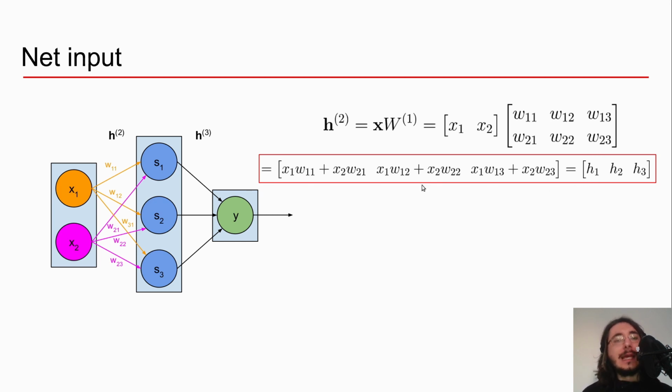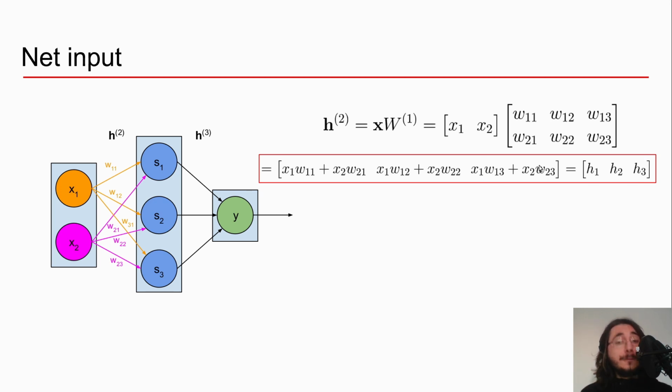So it's basically the net input for the first neuron, S1. And then we have the second element here, x1 w12 plus x2 w22. It corresponds to h2, which is the net input for S2, and same thing for h3 here. That's given by this nice formula down here.